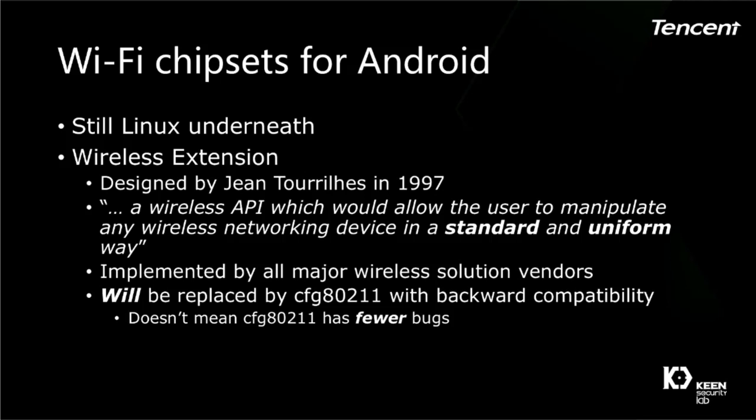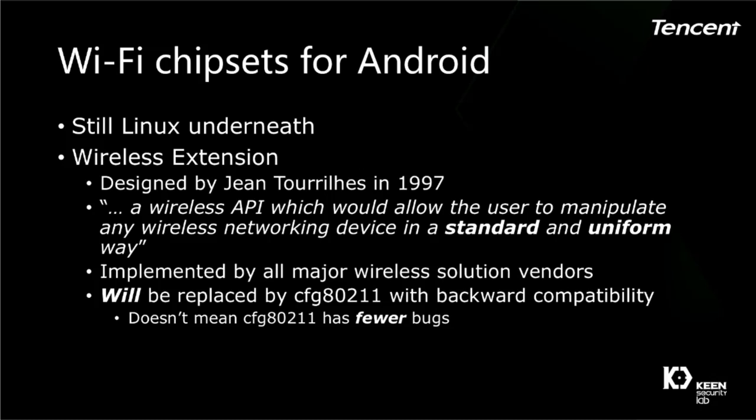He would like to design a standard and uniform way that users can manipulate any wireless networking device, setting some standard for wireless device drivers for the Linux kernel. Eventually, he designed this wireless extension API, which was implemented by almost all the major wireless solution vendors.